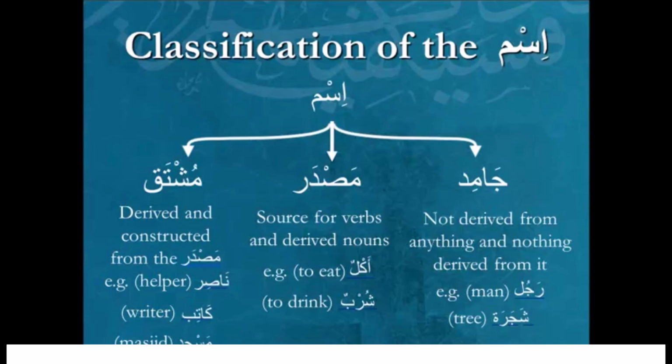Masjid is the place of prostration, and it comes from the word prostration, which is the verbal noun, like laziness or confusion, or hitting or helping or sitting or standing or eating or drinking. So masjid is an example of mushtaq, derived ism.